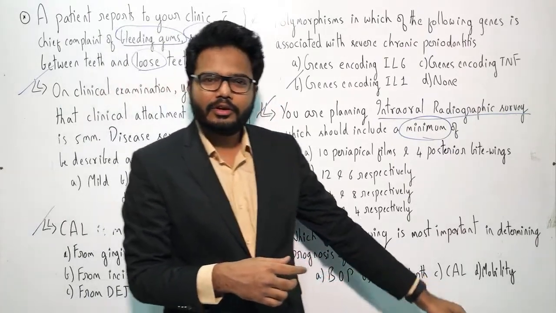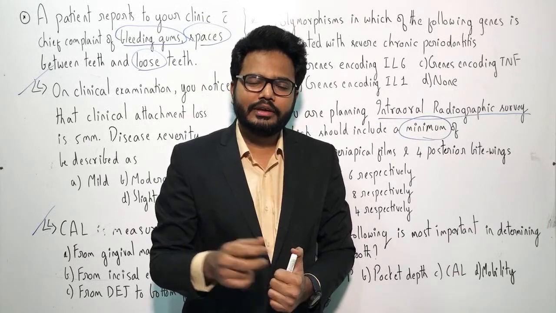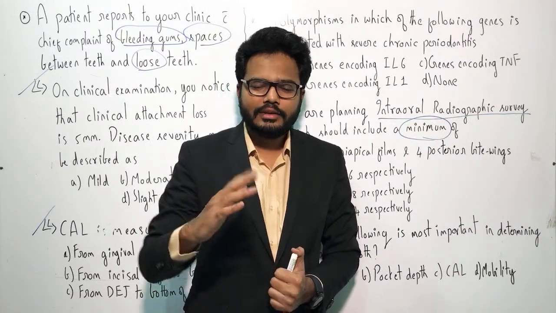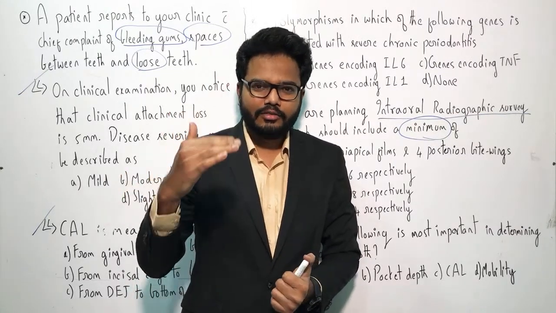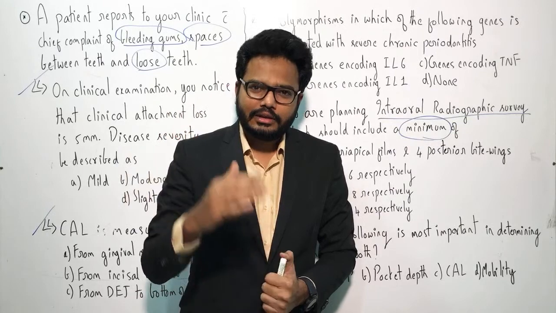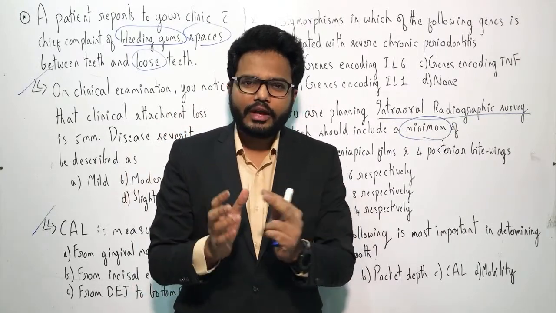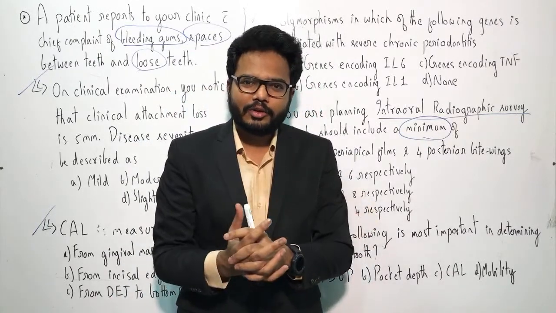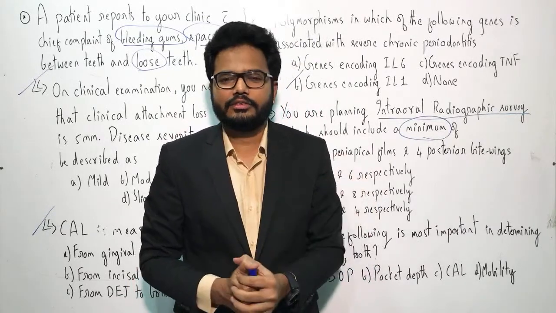But clinical attachment loss gives us an idea on disease progression and severity because we are actually using a stable landmark to assess the amount of attachment loss, isn't it? So from the CEJ, we're trying to assess the depth of the pocket, thereby the attachment loss. In fact, we have a very interesting way of evaluating the attachment loss, and we discussed that in one of our previous study club discussions as well.